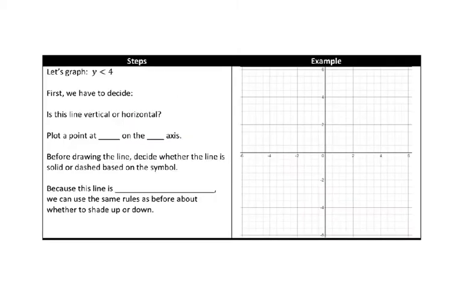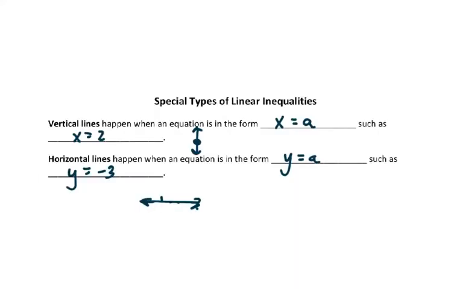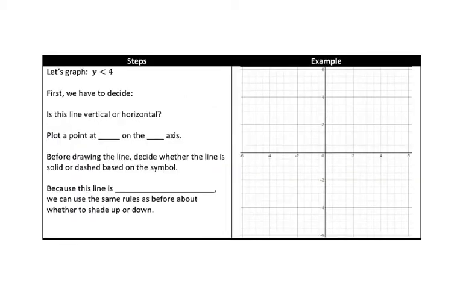Okay, so we are going to graph y is less than 4. First we have to decide is it vertical or horizontal, so I go back. Y's are horizontal, so it is horizontal. We plot a point at 4 on the y-axis, so we go up 4 and plot a point. Now I have to decide whether it's solid or dashed.